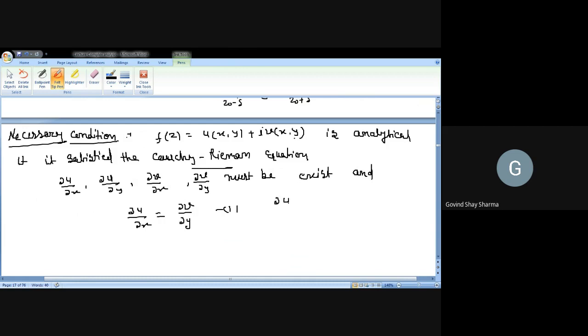Del u upon del y is equal to minus del v upon del x, equation number two. These two equations are called the Cauchy-Riemann equations. Okay, students?